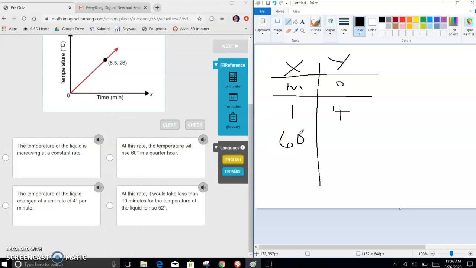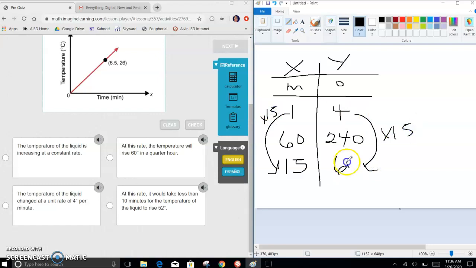So 1 times 60 is 60, and 4 times 60 is 240. But I want a quarter hour, so that's 15. 1 times 15 is 15. So 4 times 15 is 60. So this answer is true.